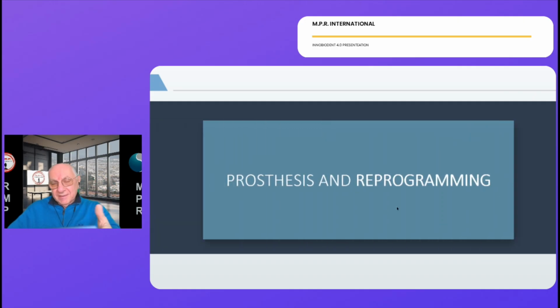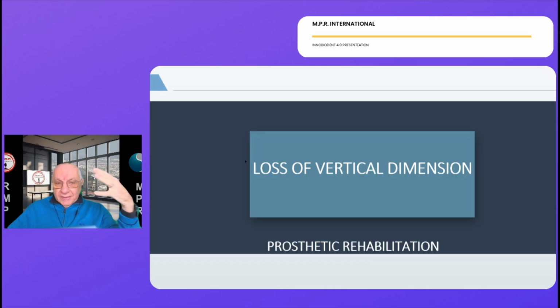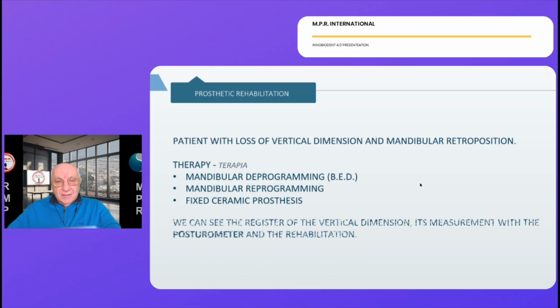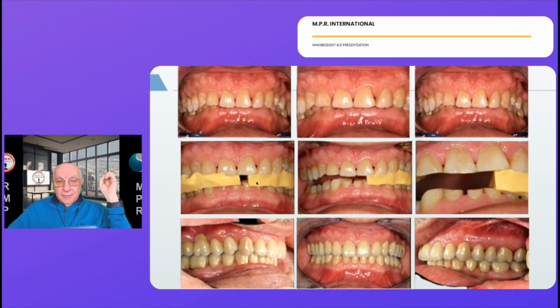We see some cases, and then the presentation is finished. This is obviously when we have a vertical dimension less, we see that patient. We did a rehabilitation, we did deprogramming, reprogramming, and we fixed a rehabilitation of the total mouth.